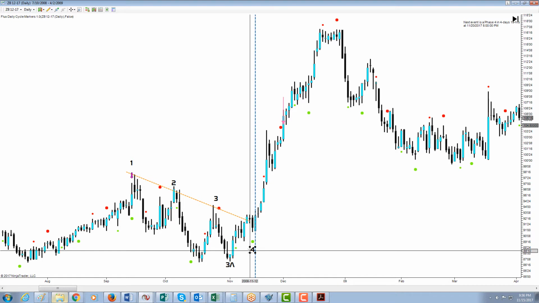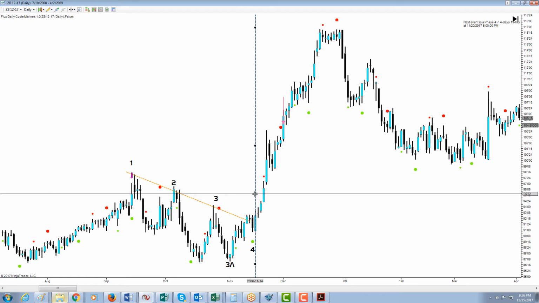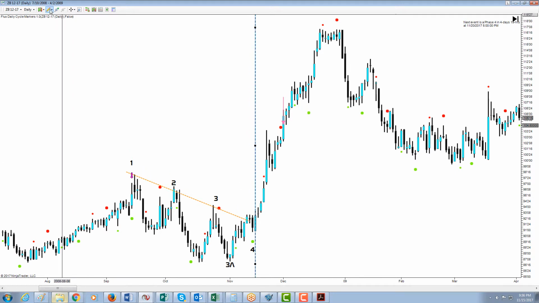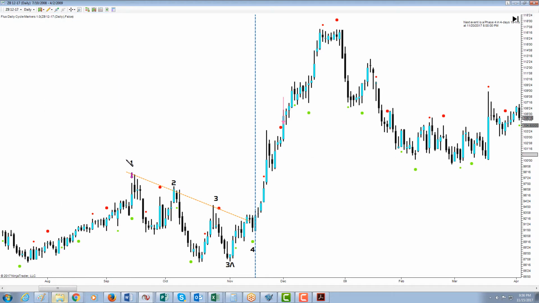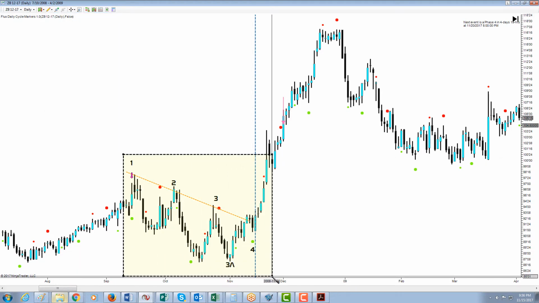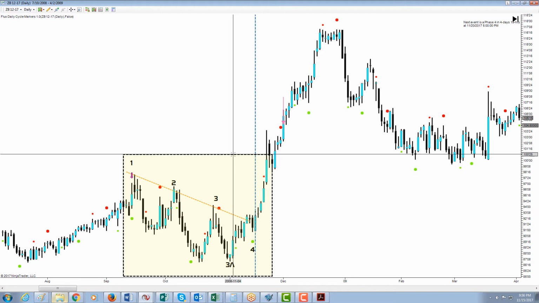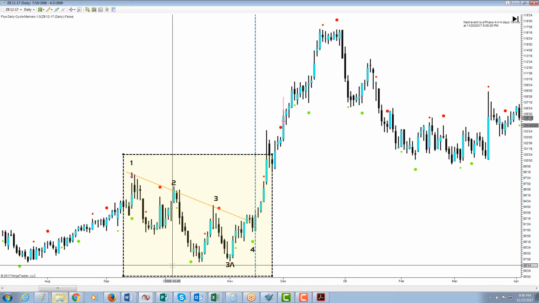Okay? And I want you to see where this blue line is. This blue line is November 14th of 2008. So we have the components of the constellation around the same time of year, quite a number of years ago, 2008, right? 9 years ago.